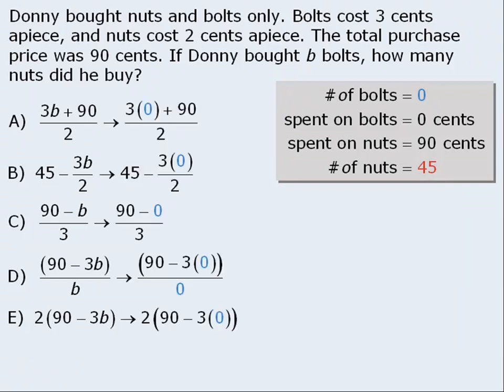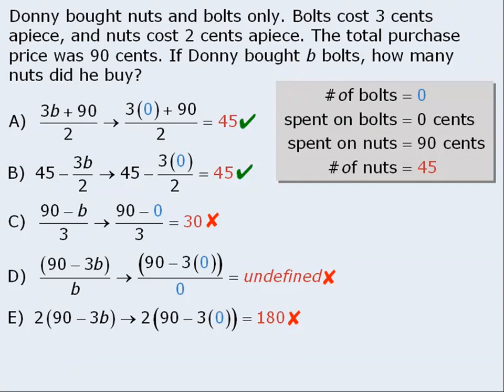From here, when we plug in 0 for B and then evaluate, we get 2 matches. So it's likely the case that the test makers predicted that we might try using such an easy value, and they made 2 answer choices work. At this point, we still have 2 answer choices remaining, so we have no choice but to find another value for B and plug it in. This, of course, will take some time.